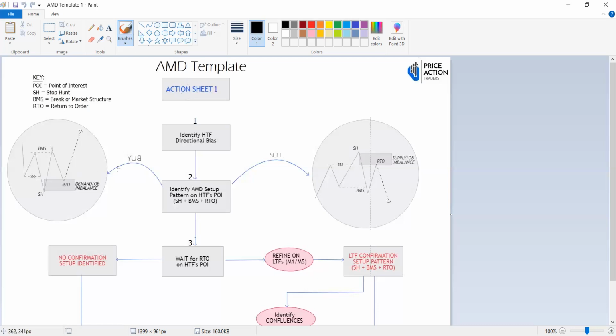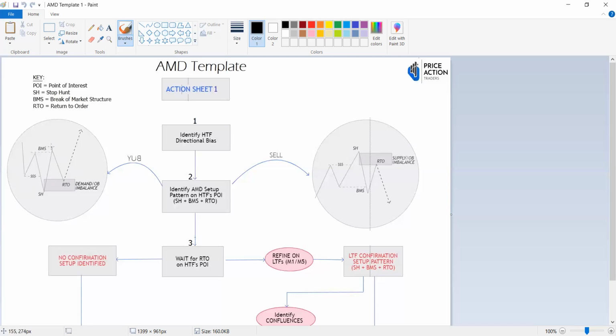So if it is a demand zone, you look out for this setup. That is for if you are going to buy, you look out for this setup. Once price comes into this, it moves upward. This is the stop hunt, which takes out the previous session low or the swing low here.